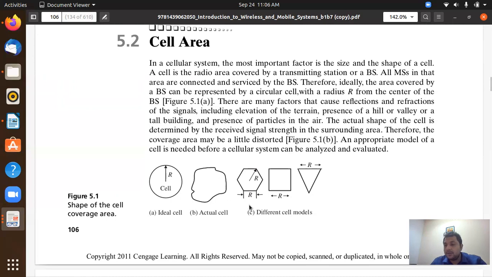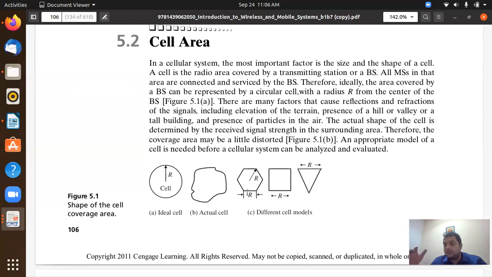When we discuss cellular design on theoretical grounds, different models come into place. The first is the hexagonal, which is more appropriate to use because of its closeness to the circle.